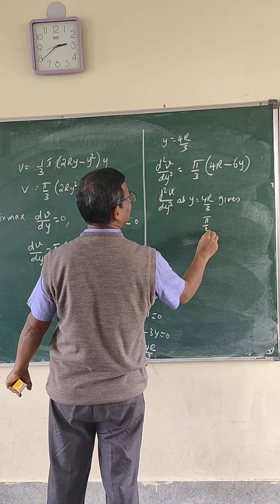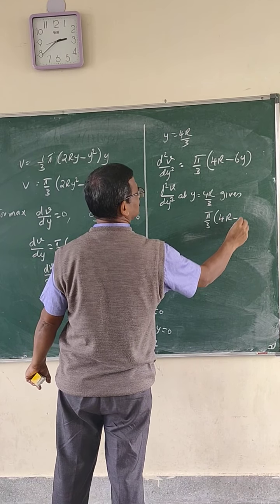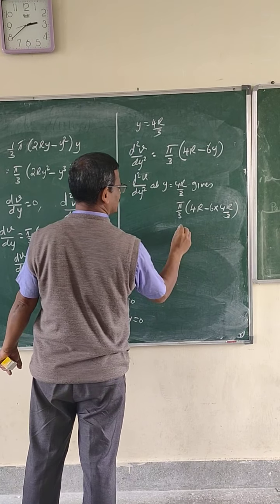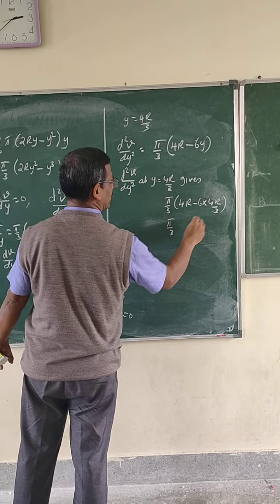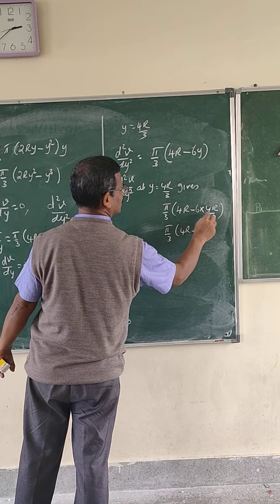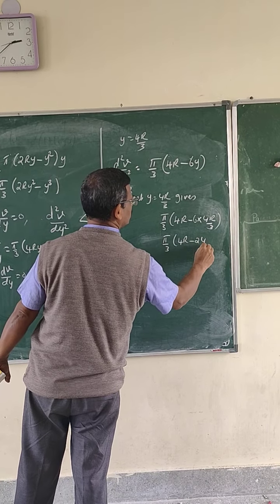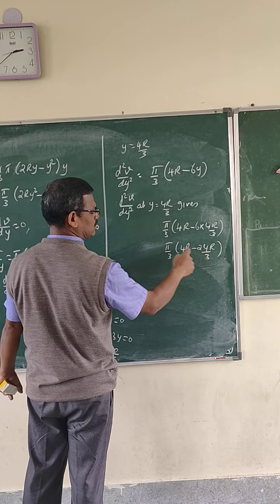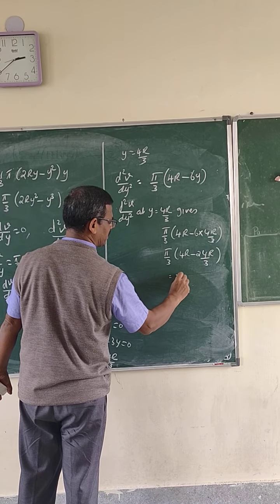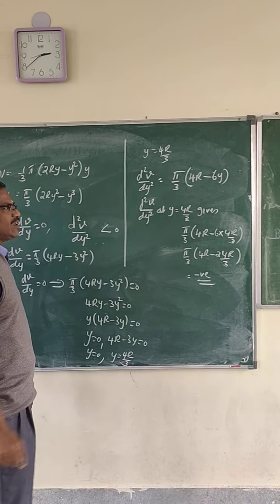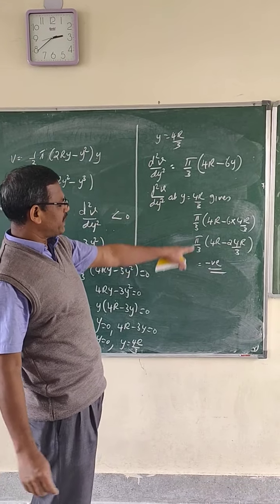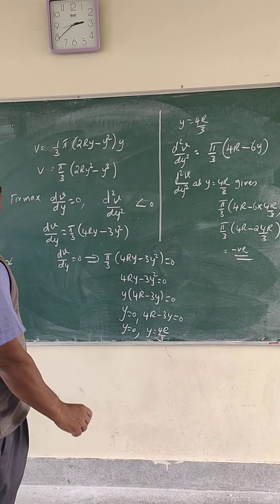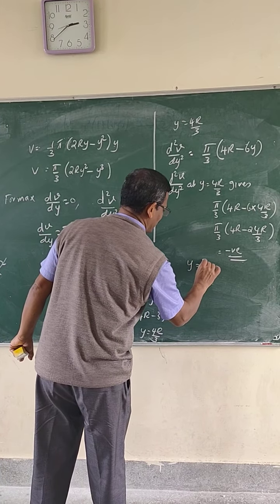Pi by 3 into (4r minus 6 into 4r by 3). That is pi by 3 into (4r minus 24r by 3). And you simplify, 12r minus 24r, it gives negative. So the second derivative at that point is coming as negative, that means this is a maximum. So y is equal to 4r by 3 is a maximum.